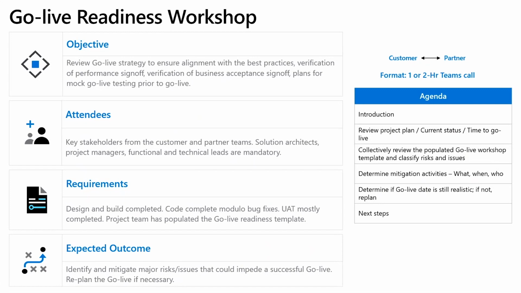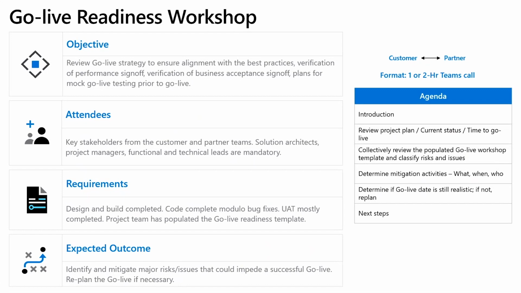You want to have the solution architects, the project managers, and the functional and technical leads to ensure there is sufficient coverage. At this stage, the team should be ready with the status of where there is reasonable confidence that the go-live is indeed achievable.